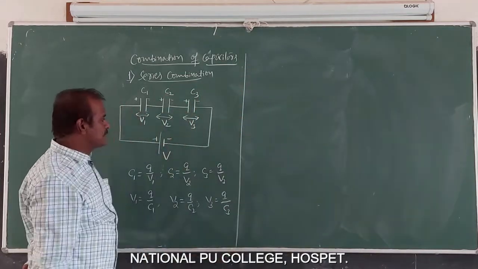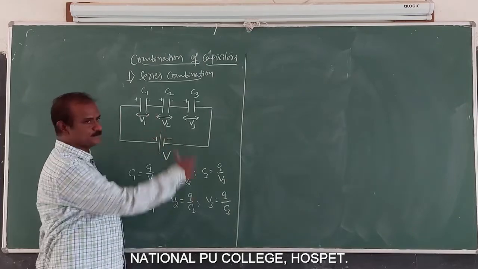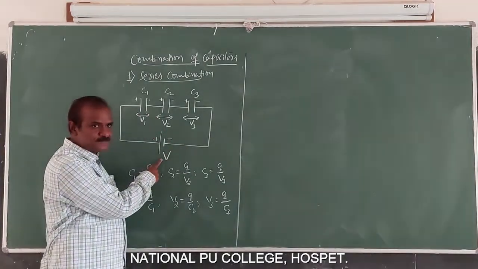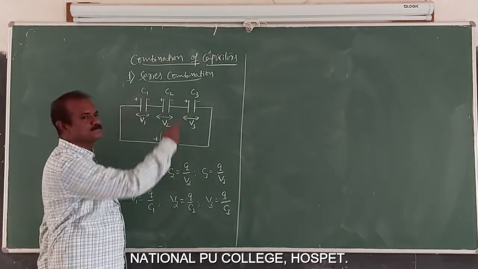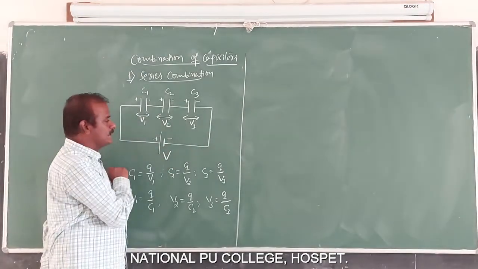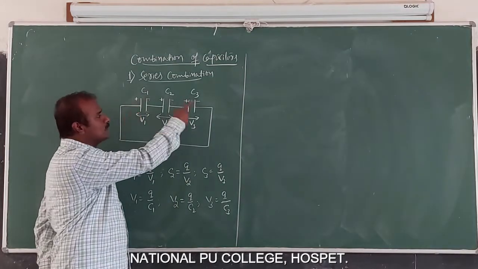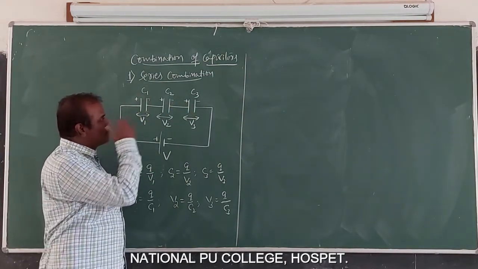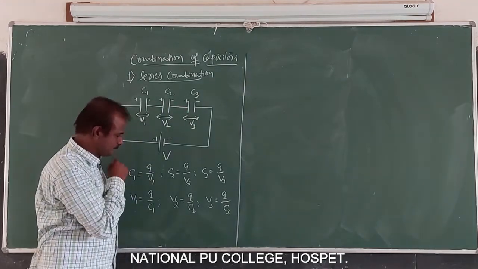Well students, here the total potential of the battery is V, which is divided among 3. Total potential is nothing but the work done in transferring charge. Here V, the potential difference, is the work done in transferring charge from this plate to this plate, and by induction, charges are induced on the other plates.